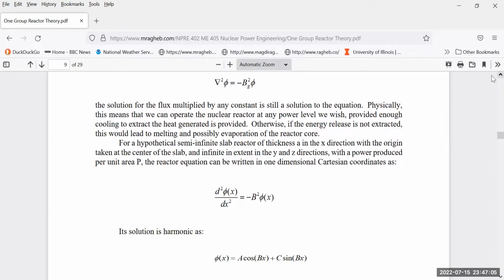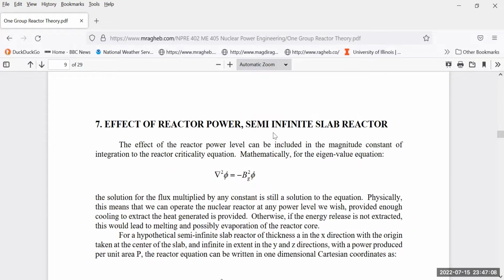But they consider the case of a semi-infinite reactor. Semi-infinite means that it takes the shape of a slab, with a thickness, maybe small, in the z direction up and down, but infinite in the x direction. And that is not a physical situation. It does not happen in nature. We cannot have a semi-infinite slab.